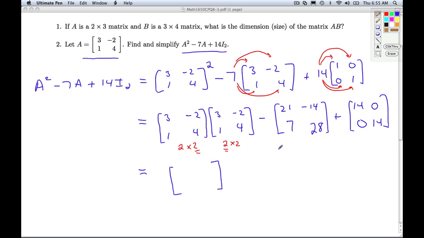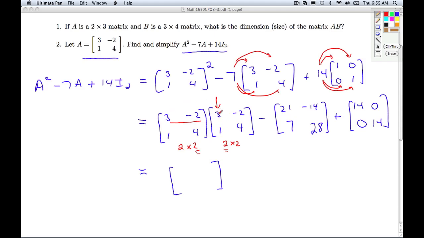And so how do I get that 2 by 2 matrix? Well, for the first entry in the first row, first column, I take the first row of A times the first column of this matrix. So how do you do that?